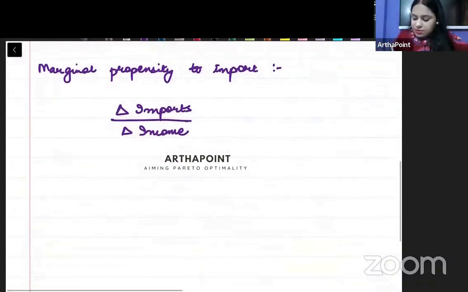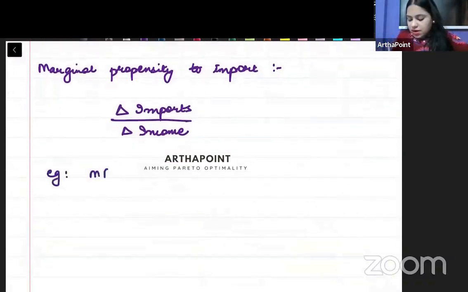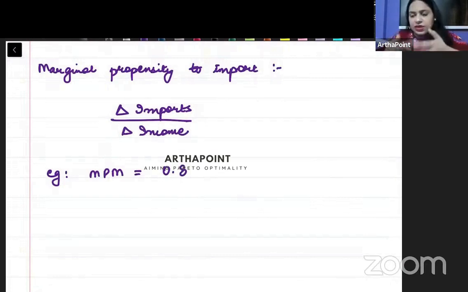ठीक है, जैसे for example बच्चे, if I tell you my marginal propensity to import is 0.8. हमें पता है अगर हमारी इनकम बढ़ेगी, when the income of any person will increase in India, his spending will increase. अब जब वो स्पेंडिंग बढ़ाएगा, he can spend this money on two things, either on domestic goods, या तो अपने इंडिया के goods and services खरीद ले, or he can spend his money on foreign goods, या वो बाहर से कुछ extra मंगवा ले.